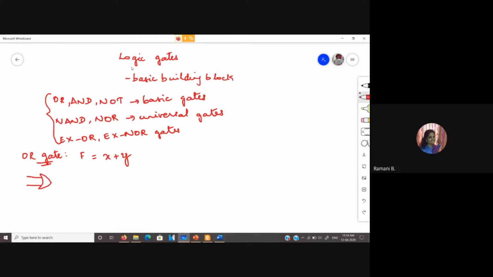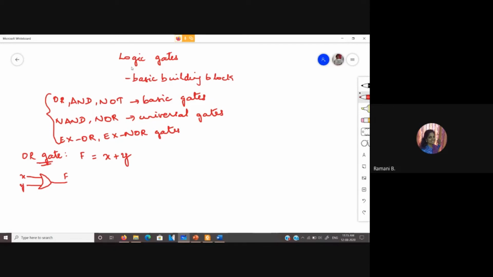You have a curved symbol over here. This is a 2-input OR gate. You can have any number of inputs actually, because as they started using ICs for everything, they have multiple-input OR gates, AND gates, and all those things. So we shall see the basic thing.